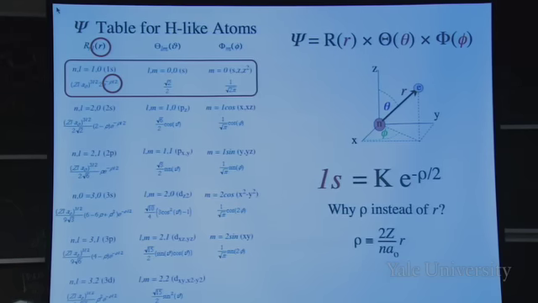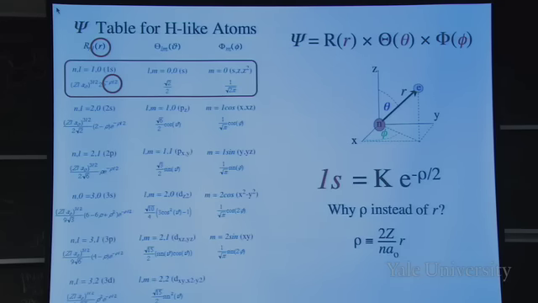The constant is twice the atomic number divided by n, the quantum level n, times that distance a0. And why do you do it that way? It's because if you do it that way, then the same rho works no matter what the nuclear charge is and no matter what n is.